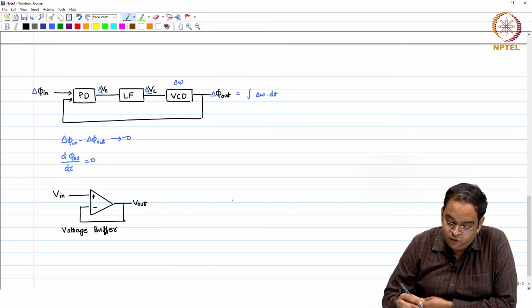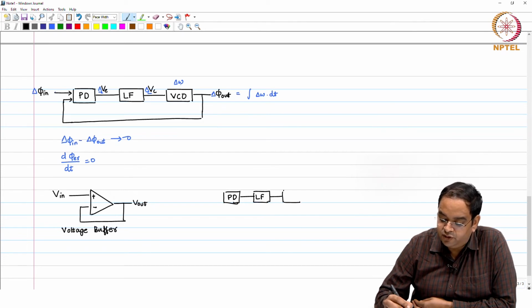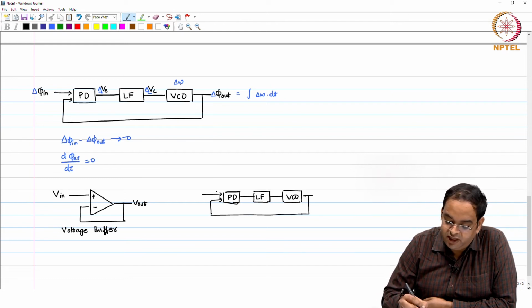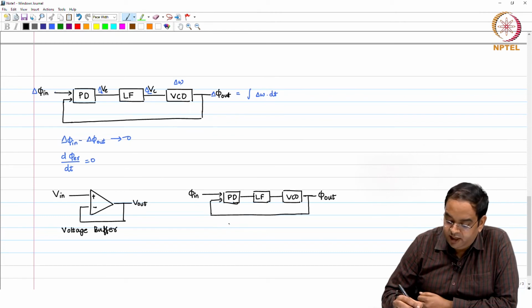Just like a voltage buffer, you have this PLL block where you have the phase detector, loop filter and your VCO. In this particular PLL block, it is not the output voltage which follows the input voltage, but it is the input phase which controls this block, and the output phase follows the input phase.